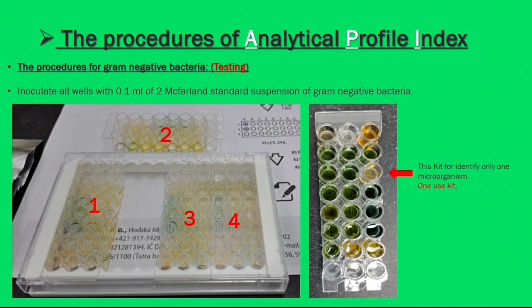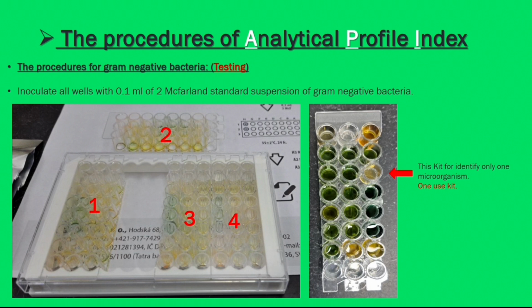In this slide, there are two pictures, the right picture and the left picture. The right picture shows the kit for identifying only one microorganism, a one-use kit. The left picture is a supplier microtitrate platform or plate.